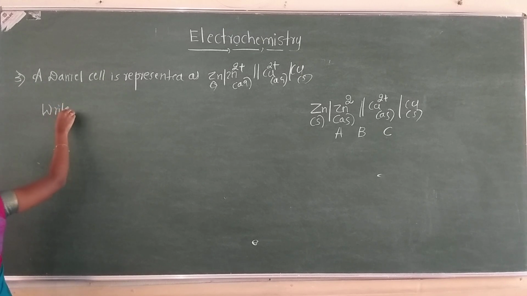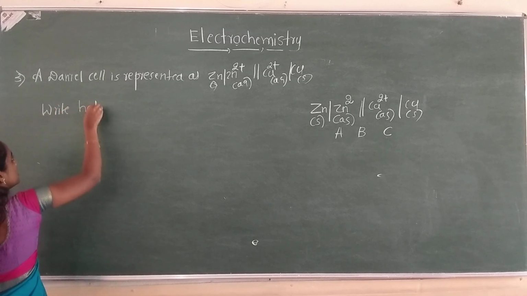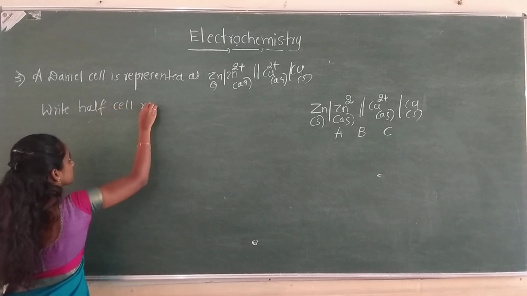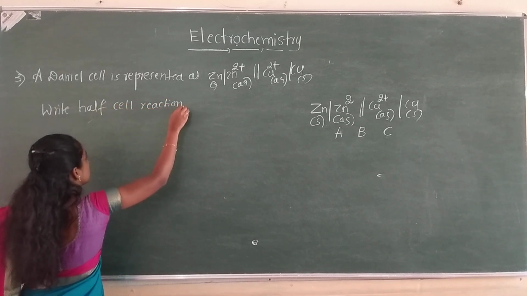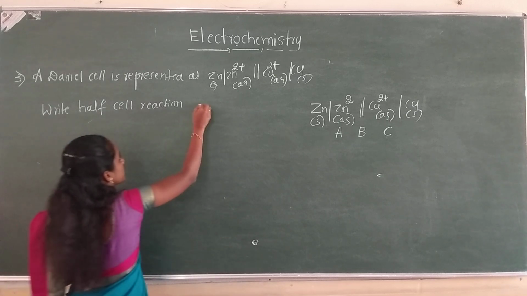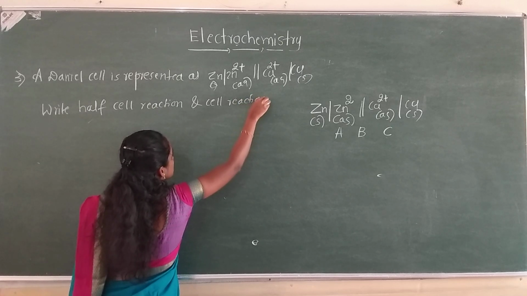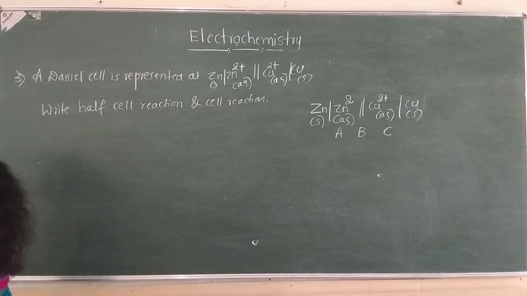For this cell, you should write the half cell reactions and the cell reaction. This is a homework problem for you. Solve it on your own, okay? So this is the problem: a Daniell cell is represented by the given notation, and you have to write the half cell reactions as well as the cell reaction. Okay.